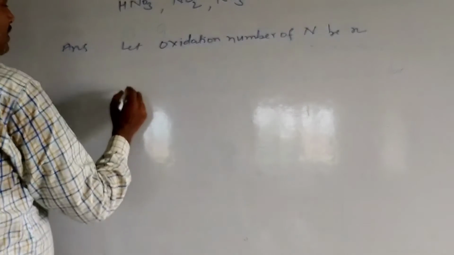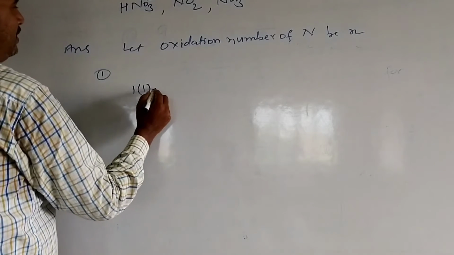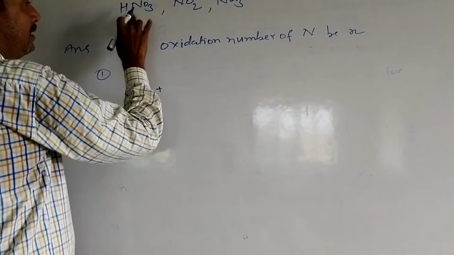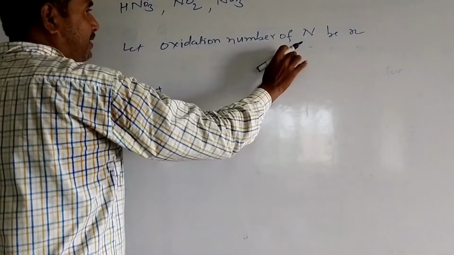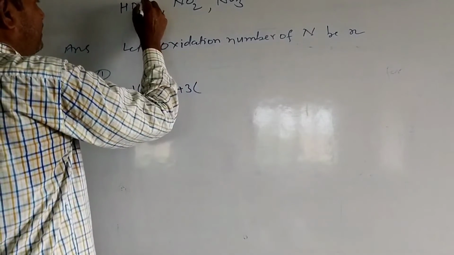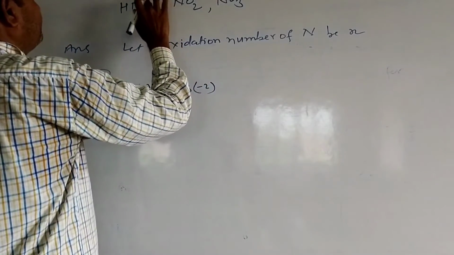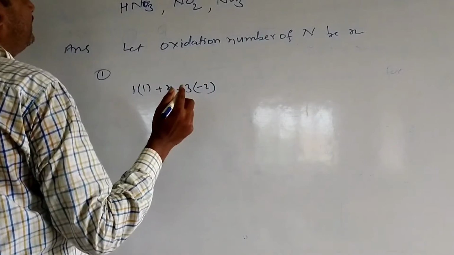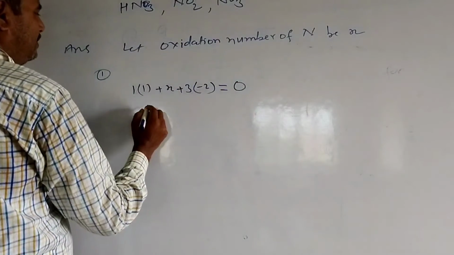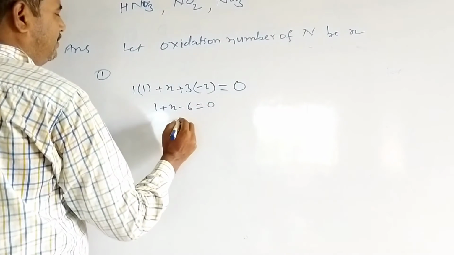Here there is one hydrogen, so one times oxidation state of hydrogen, +1, plus oxidation state of nitrogen, X, plus 3 times oxidation state of oxygen, -2, is equal to the charge present, 0. 1 plus X minus 6 is equal to 0.